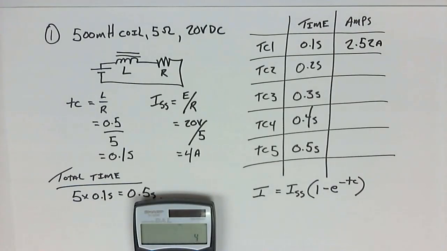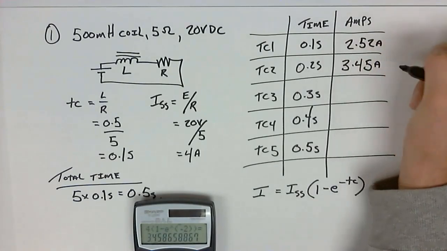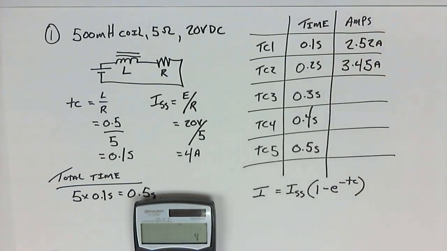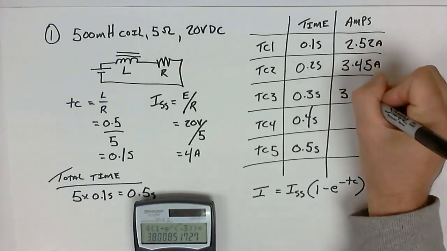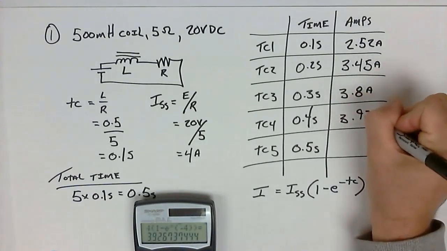I've got 4 amps, bracket 1 minus second function, ln button, negative 2, close bracket, equals 3.45 amps. Third time constant, 4 bracket 1 minus second function ln, negative 3, close bracket, equals 3.8 amps. Fourth time constant, 4 bracket 1 minus second function ln, negative 4, close bracket, equals 3.92 amps.